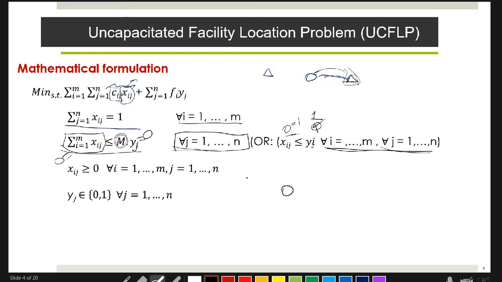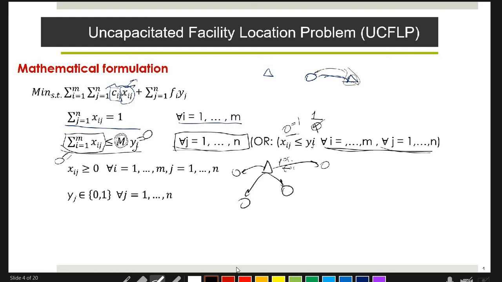Let's assume that, by the way, let me write it this way. We are writing this for all j. This is, let's say, a potential facility. And then there are some alternative customers. This facility may serve or satisfy the demand of these customers.